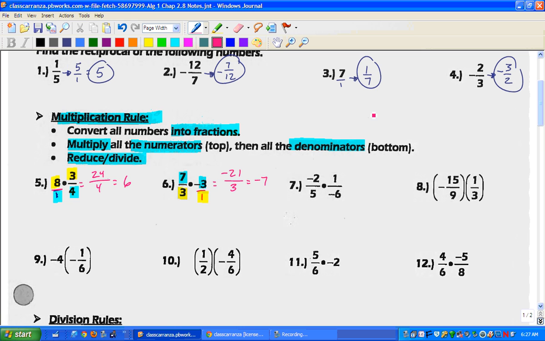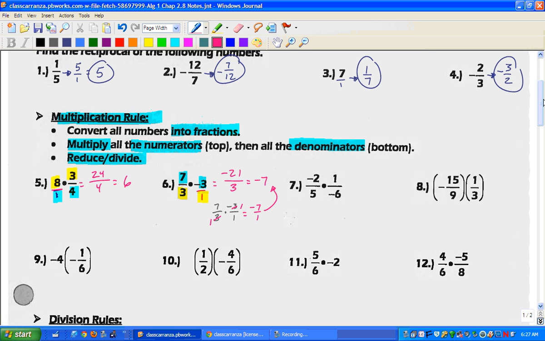Now, some of you guys might know how to do the kitty corner reducing. Let's rewrite this one. Negative 3 over 1. You know that 3 and 3 both go into each other. You multiply straight across, and then you can reduce that way. That's fine. Okay, you can do it either way you want.